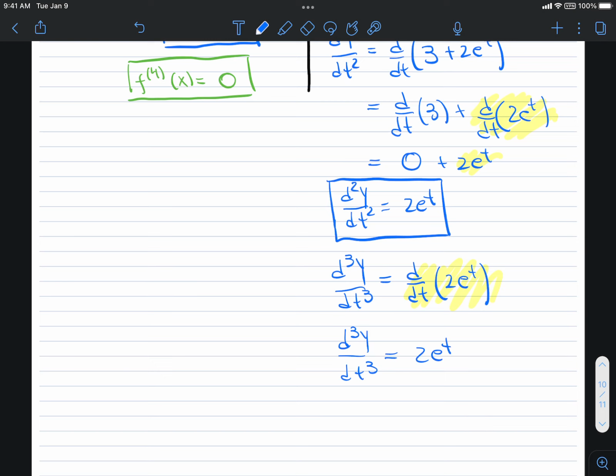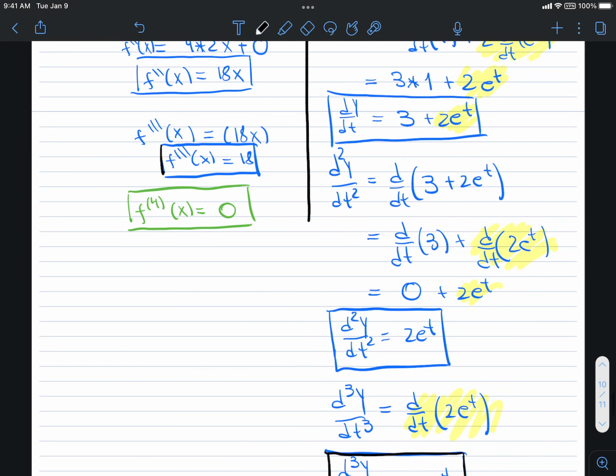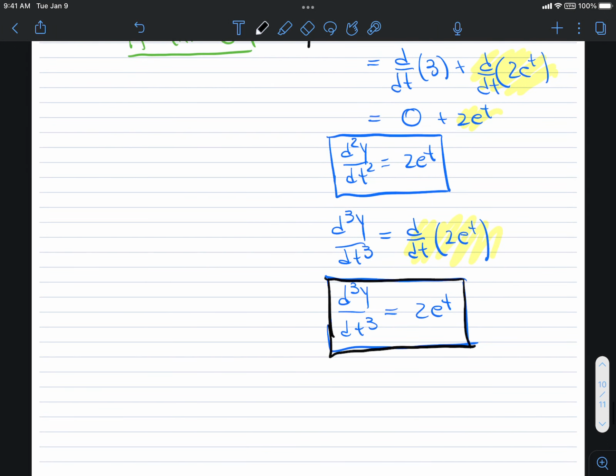One curious thing about this is that this is the third derivative and this is the answer to the question. So maybe I'll box it, use a different color. Or, sorry, this is not blue, this is black. I'll box the other one in black, so you know this is the final answer to the problem. So the third derivative of y in that case is 2e to the t.